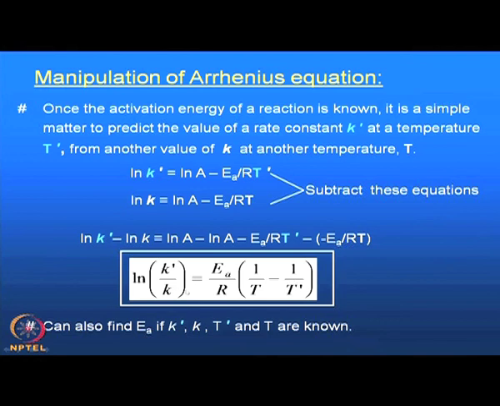If you know EA, the activation energy, you should be able to find the value of the rate constant at a different temperature from another rate constant which is known at another temperature. That means, if k prime is unknown and all other things are known like EA, K, T and T prime, then you should be able to find out the activation energy.